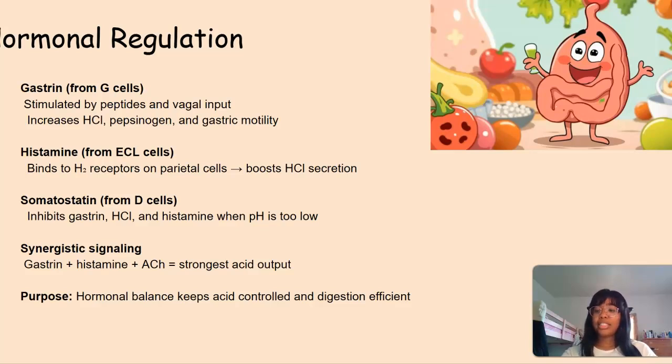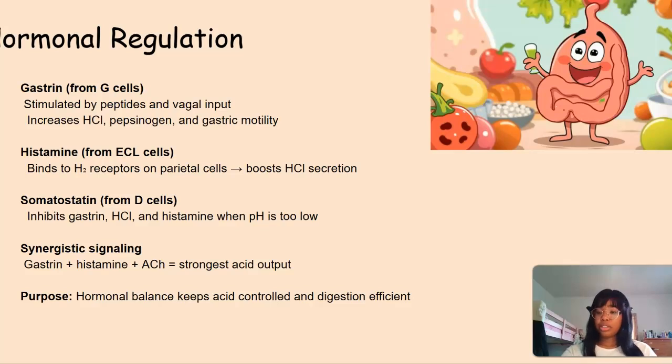Histamine produced by ECL cells works hand in hand by binding to H2 receptors on parietal cells, significantly amplifying acid output. But to avoid overacidification, D cells release somatostatin, which acts as a regulatory off switch by inhibiting gastrin, histamine, and acid secretion when pH gets too low.